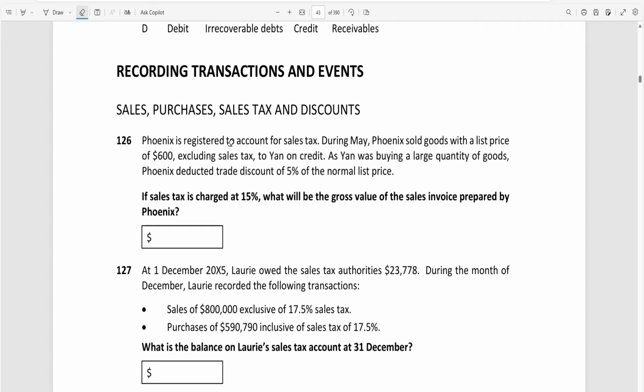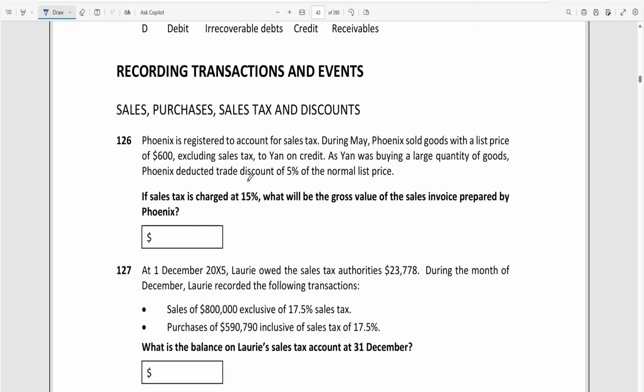The question number is 126, and the question is asking, if the sales tax is charged at 15%, what will be the gross value of the sales invoice prepared by Phoenix? So first and foremost, the mistake that we students used to make while solving the question is we sometimes miss out what actual sales tax is given in the question.